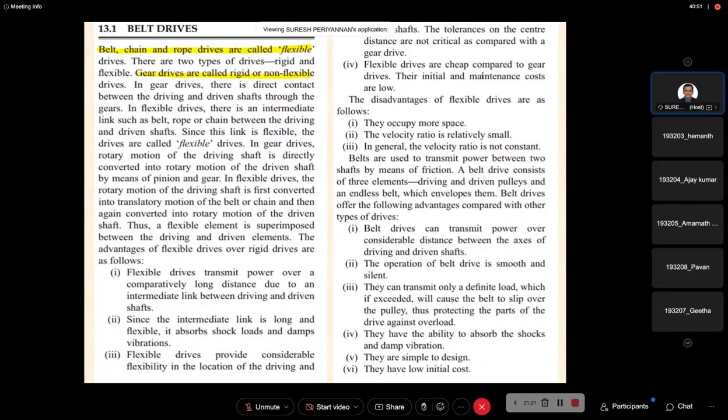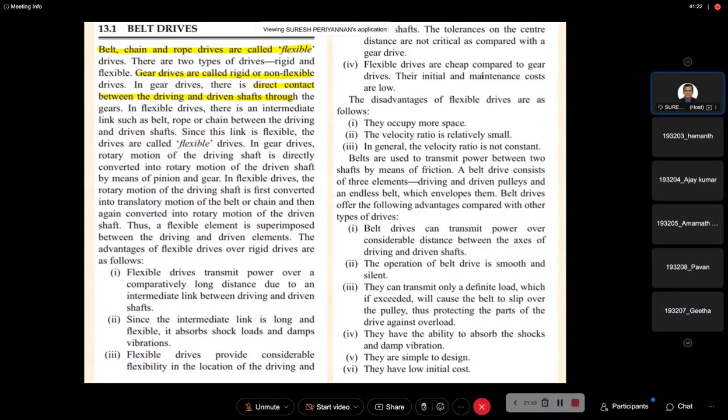In gear drives, there is direct contact between the driving and driven shafts. The driving shaft and driven shaft are connected with the gear and the pinion, or vice versa, meshed together. There is no intermittent mechanism, no intermittent link. Hence this is a rigid drive mechanism.